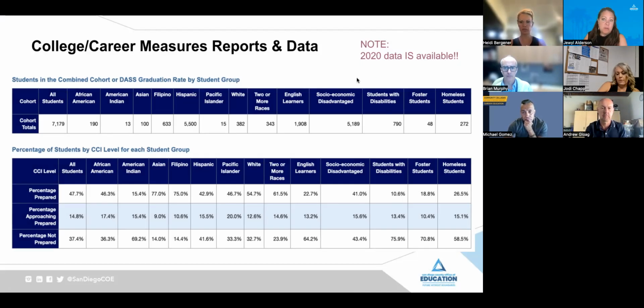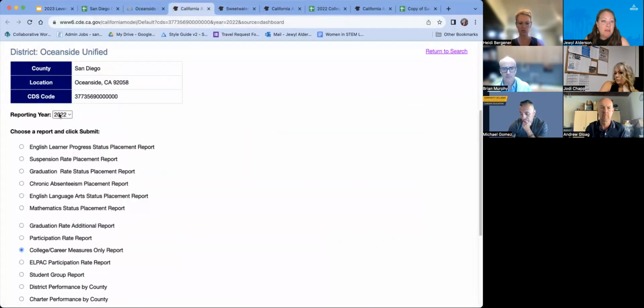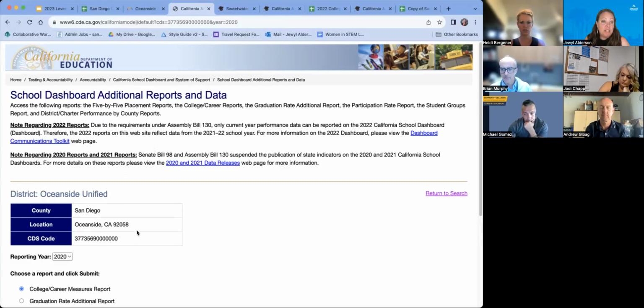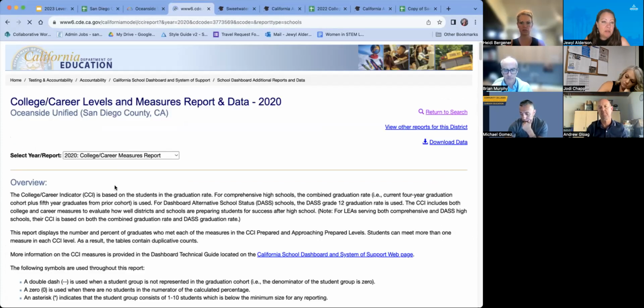This 2020 data, 21 data, 22, all that data is available. Your old data, you can also see, like if you want to go back and look at all of your previous years' data, you'll see that like 2020, this looks, no, we didn't do testing in 2020.